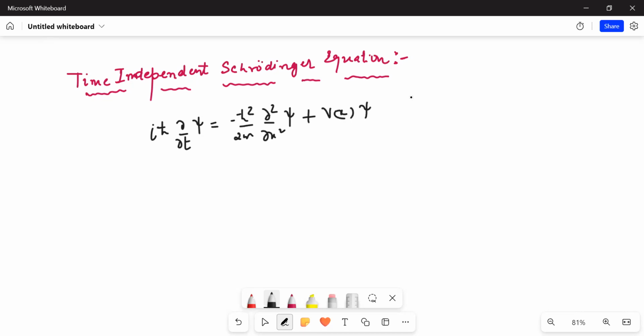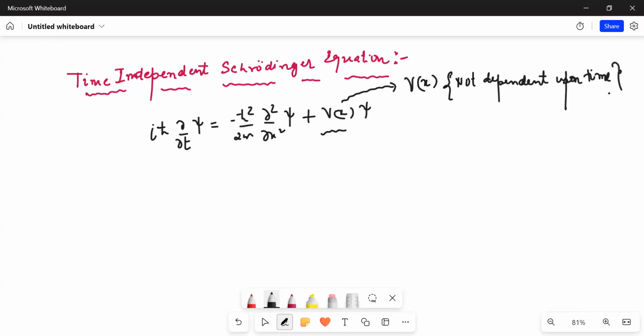We are going to mostly use potential functions which are independent of t. So in this course, we are going to use V which are only functions of x and not dependent upon time.